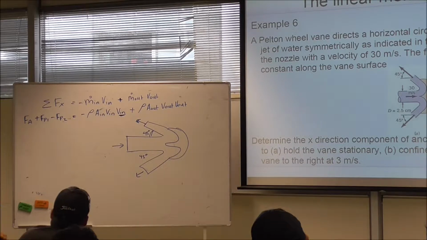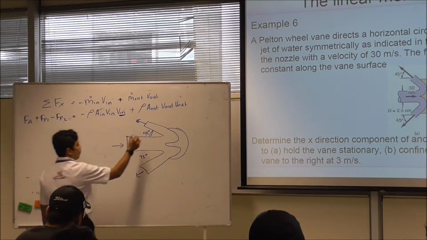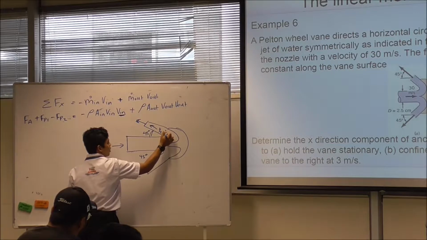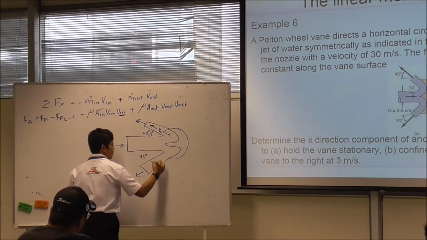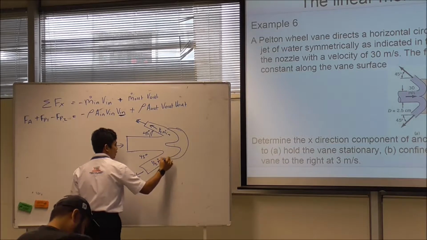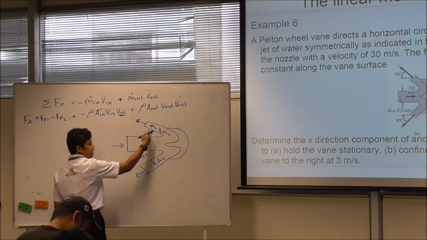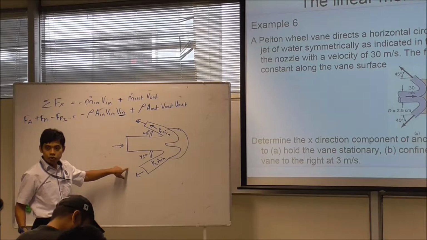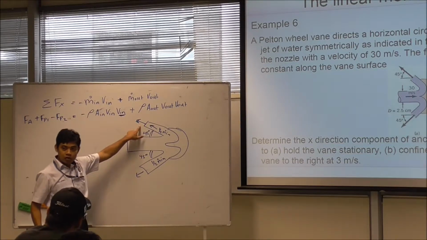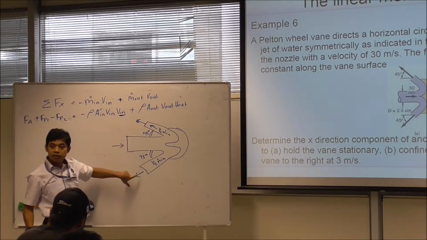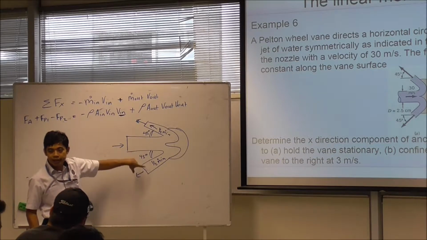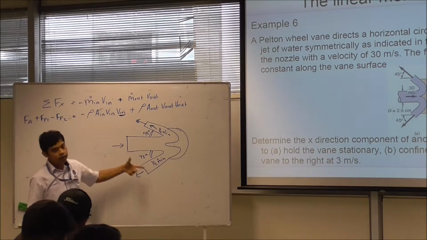One, the jet is symmetric, which means the flow over here will be half m dot in, and over here is half m dot in. This one is 45 degrees, this one has to be 45 degrees. So you don't need to do outlet 1 and outlet 2, no need. You just combine them as m dot. Okay, doesn't really matter.